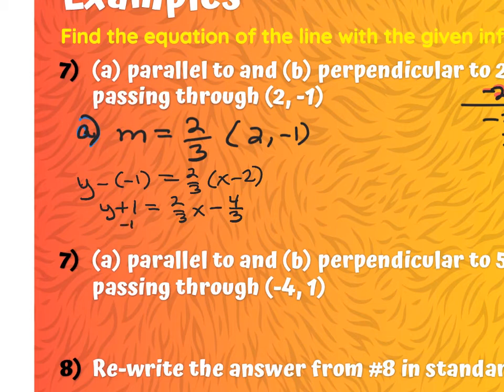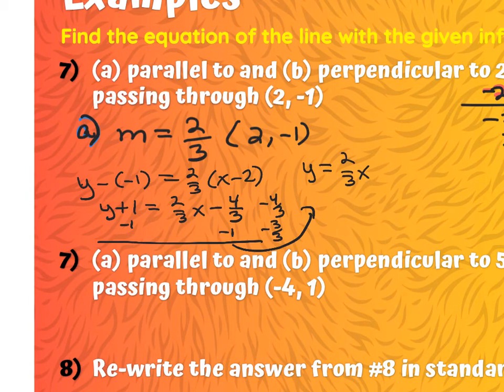Subtract 1 from both sides. I'm going to change that 1 into a 3 over 3. So then the answer here is going to be y equals 2/3 x minus 7/3.